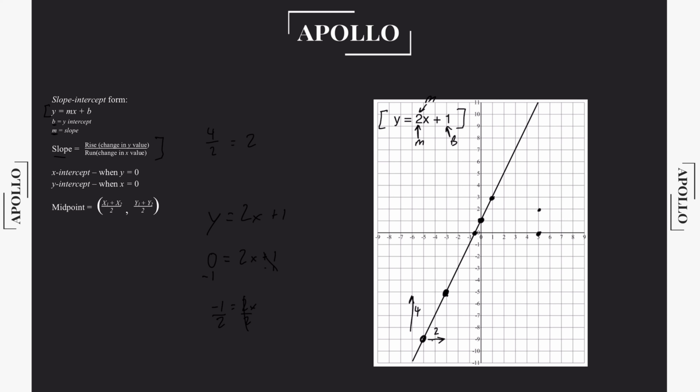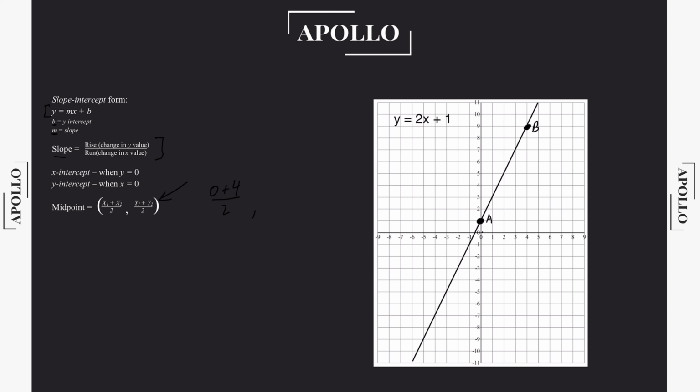Lastly, we're going to do the midpoint. What is the midpoint of line segment AB? We're going to use our midpoint formula right here. As you can see, we're going to find the x value of the first point and the x value of the second point, add those two together, and divide by 2. Then we're going to do the same exact thing for the y values. The x value of A is going to be 0, and the x value of B is going to be 4, and we're going to divide that by 2, put a comma.